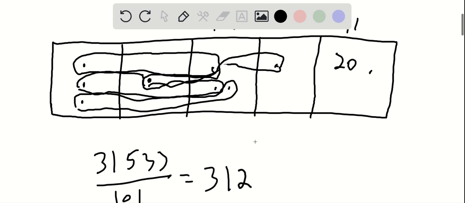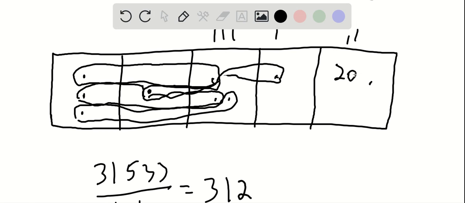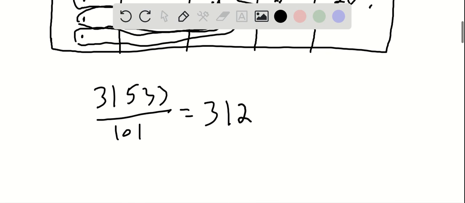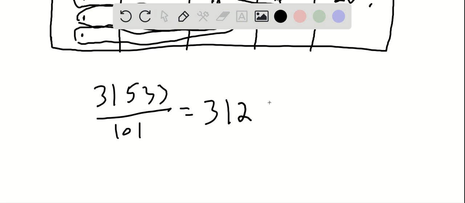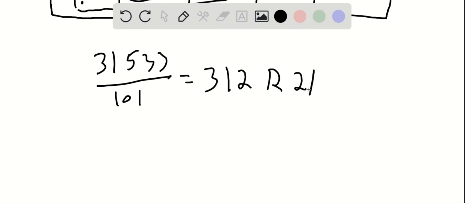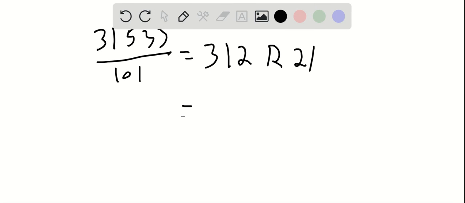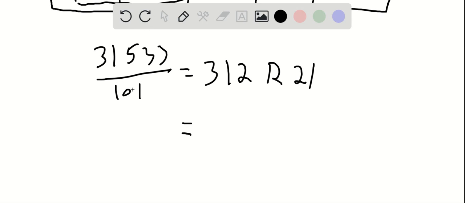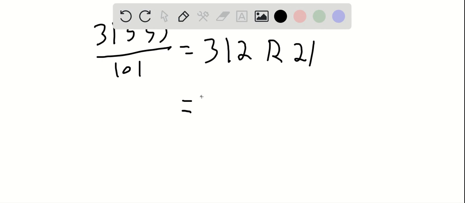And then we have a remainder of 21, or 21 dots that are still waiting to be divided by 101. So we can write this as 31,533 divided by 101 is equal to 312 with a remainder of 21.